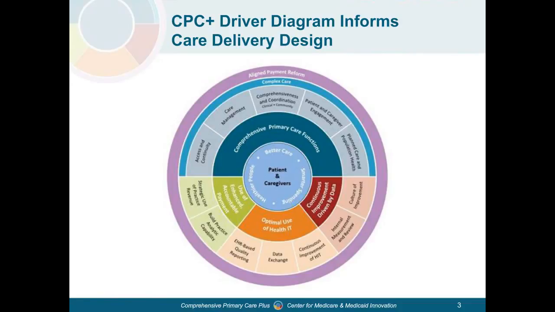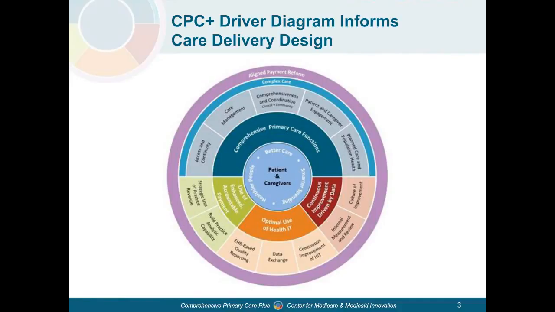As you see at the center are the patients and the families we care for and our collective aim of better care, smarter spending, and healthier people. On the lower half of the diagram are what we think practices must have to transform care delivery.